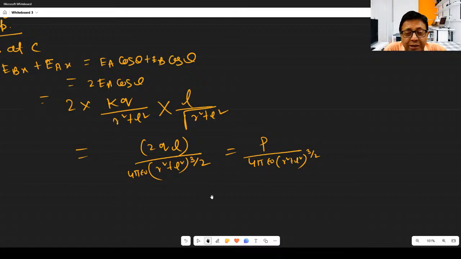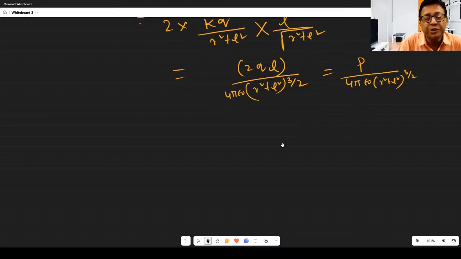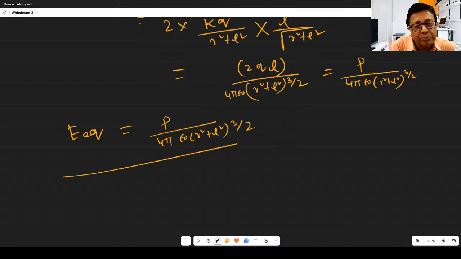So the resultant electric field you got in broadside position or equatorial position, equatorial, isn't it?